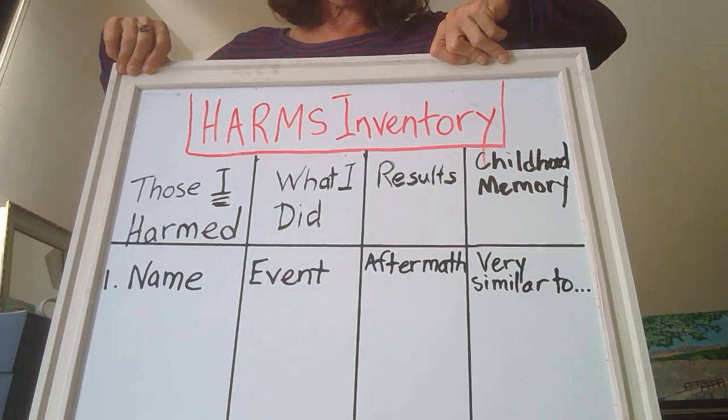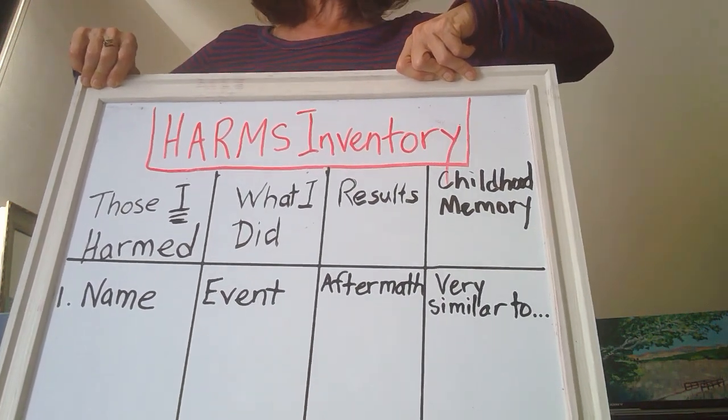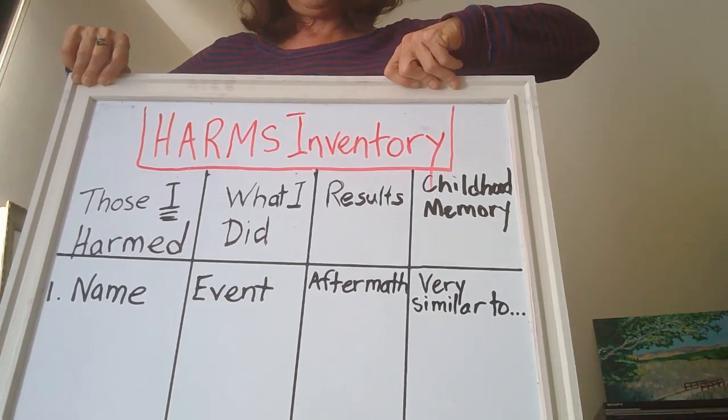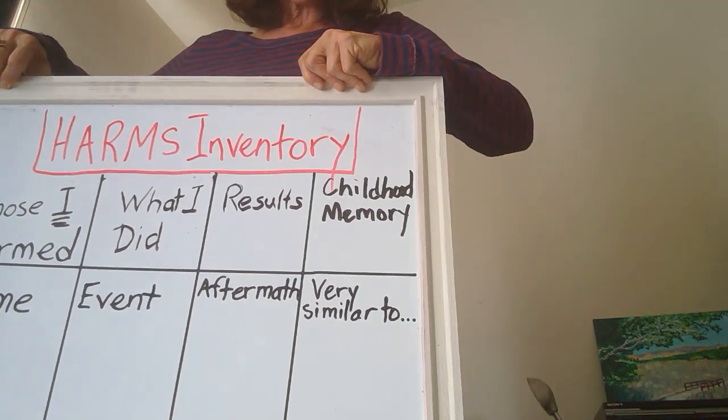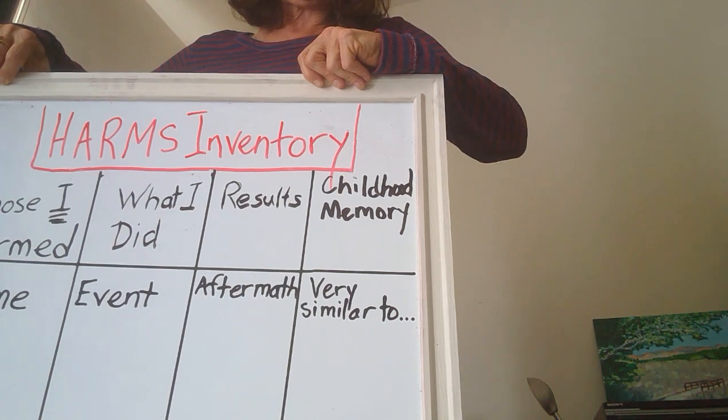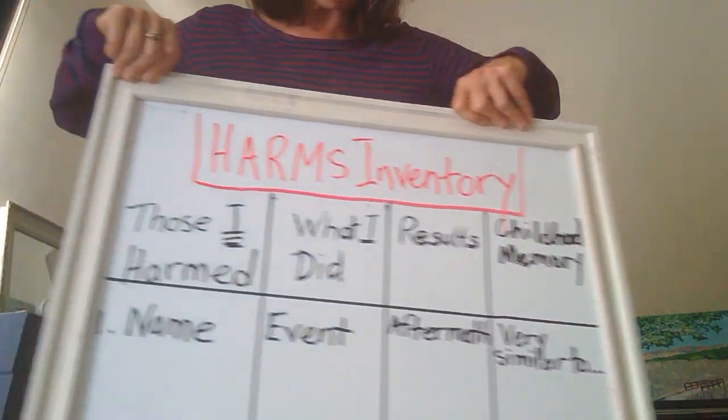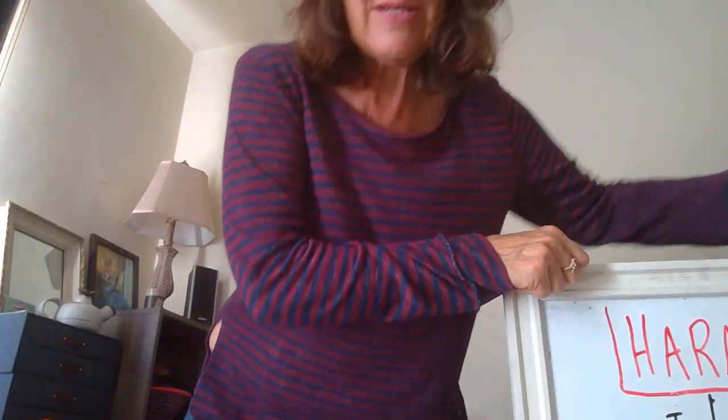We want to put the event, talk about the results or the aftermath of having harmed that person, and then how that connects to a childhood memory. So then we do see, wow, there is a transfer.